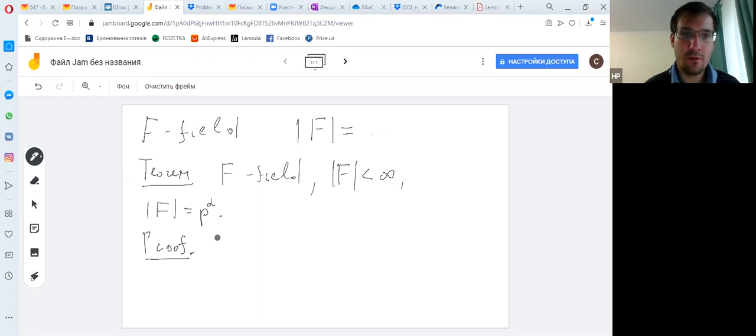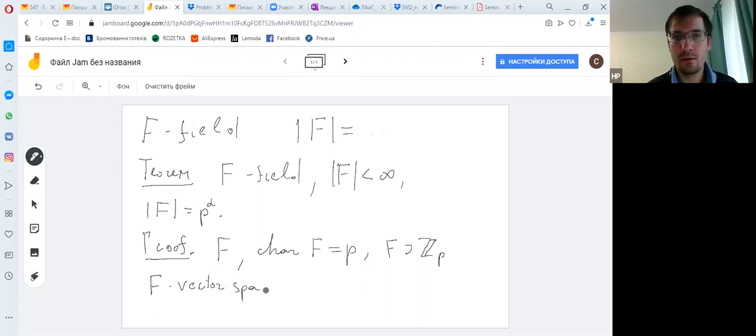The proof is that if we have F and the characteristic of F equals p, then there is a subfield in F which is isomorphic to Z_p. And F is a vector space over this subfield, and this implies that if the dimension of this vector space equals r, then the number of elements in F equals p to the power r.